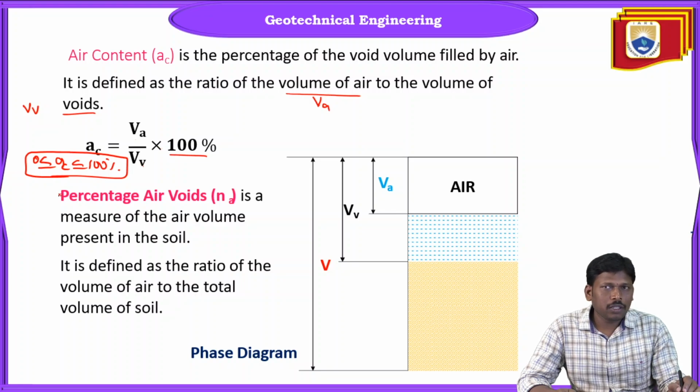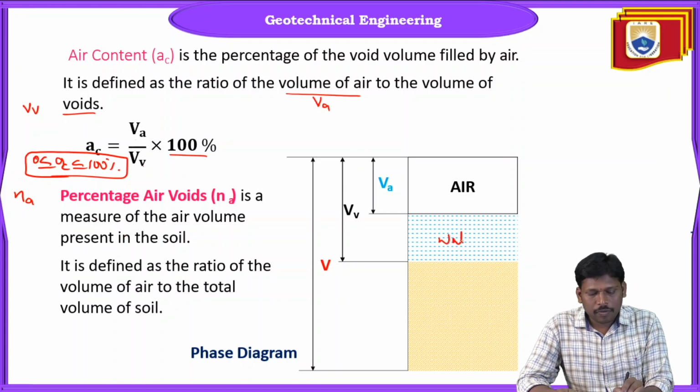The other definition is percentage of air voids, indicated with the symbol N suffix A. This percentage of air voids acts as a measure of the air volume present in the soil mass. In the diagram, this is the water phase and this is the solid phase.